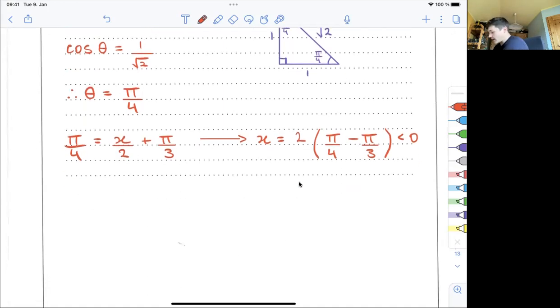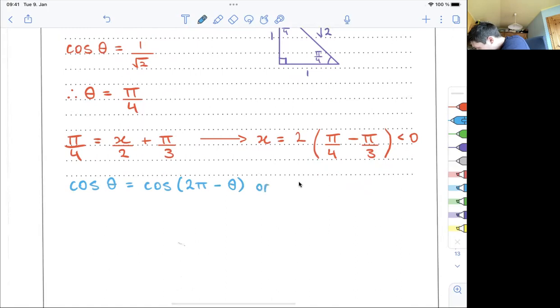So here I'm going to give you a bit of a cos theta rule, or you can figure this out from the cos graph if you draw it out. A bit of a hard and fast rule, I'll write this in blue: cos theta is equal to cos of (2 pi minus theta), or if we were in degrees, cos of (360 minus theta).